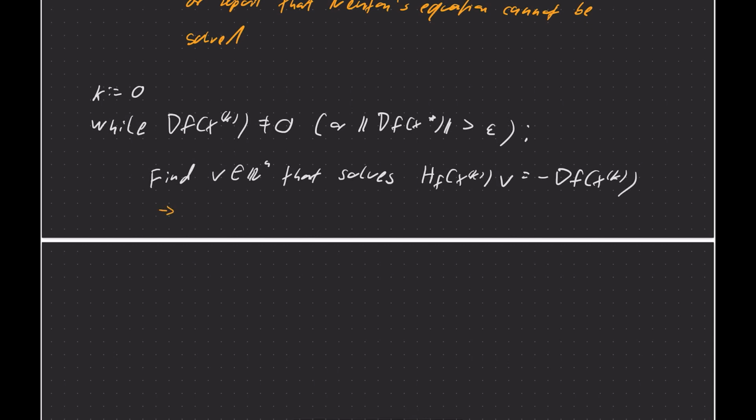If that is not solvable, then we terminate and report the failure. If it is solvable, then we set xk plus 1 to xk plus v.